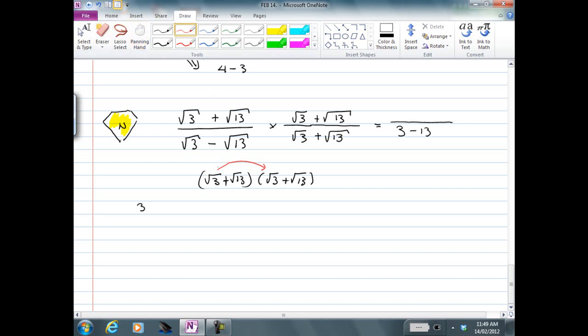Now, I go root 3 times root 13. Root 39. See? Again, keep it simple. I'm not going to make it too tough. Plus, now look what I'm going to do. I'm going to do this root 13. Serena, root 13 times root 3. Root 39 again. See? Root 39.